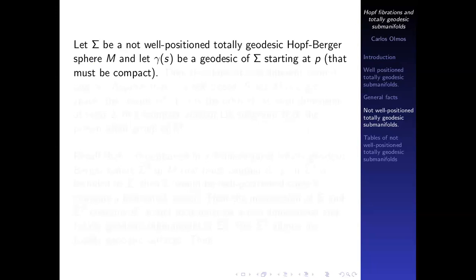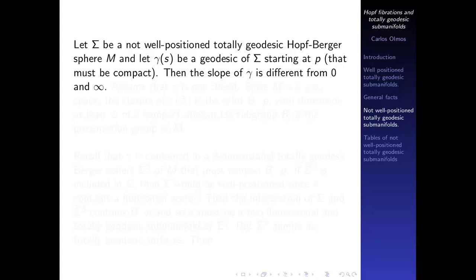So now sigma will be a totally geodesic submanifold of the Hopf-Berger sphere that is not well positioned. And we choose gamma(s) to be a geodesic starting at P. Then the slope of gamma is different from 0 and infinity, because it's not well positioned.